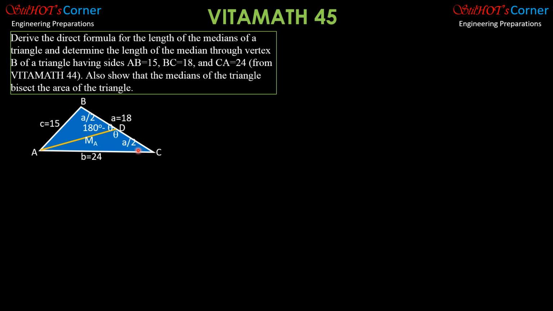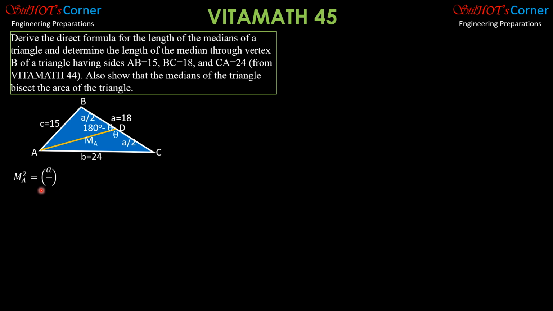So angle C, considering the entire triangle. So from there, we can solve for the length of MA. After we solve for angle C by cosine law considering the entire triangle, then considering triangle ACD, cosine law again, we can solve for MA. Or triangle ABD by cosine law, after solving for angle B, you can solve for MA.